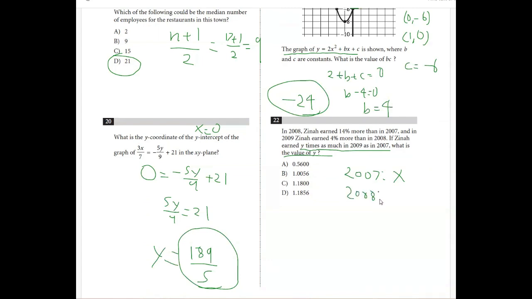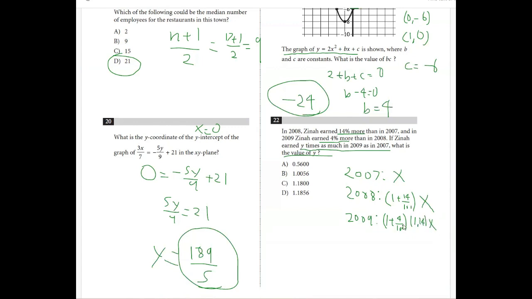In 2008, because it's 14% more, you need to be adding 1 to 14 over 100, like this. In 2009, same, it's 4% more, so you'll want to add 1 to 4 over 100. And let me just say that this is 1.4.